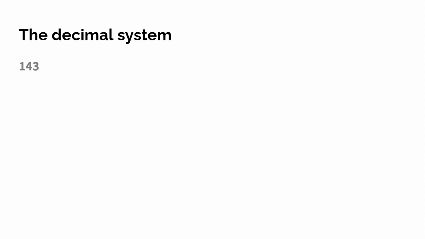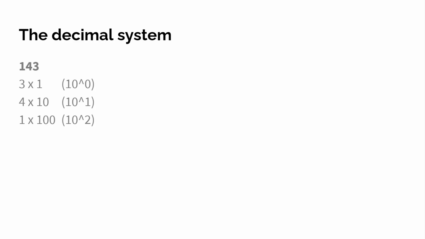Let's take this number, 143. If we look at it in detail, then actually we see it is 3 times 1, plus 4 times 10, plus 1 times 100. Why is it that way? Because we have the base 10. So the last digit is worth 3 times 1 because it's 10 to the power of 0, and everything to the power of 0 is always 1.